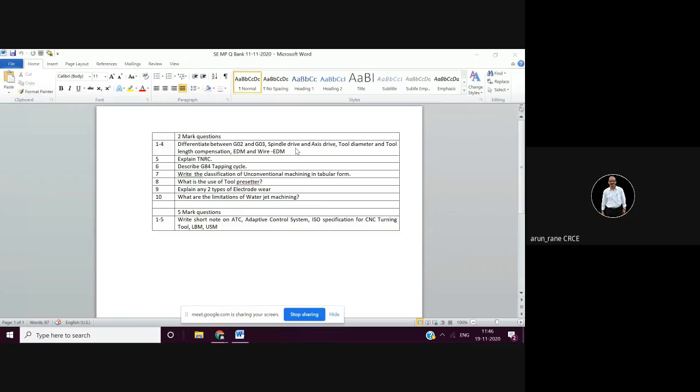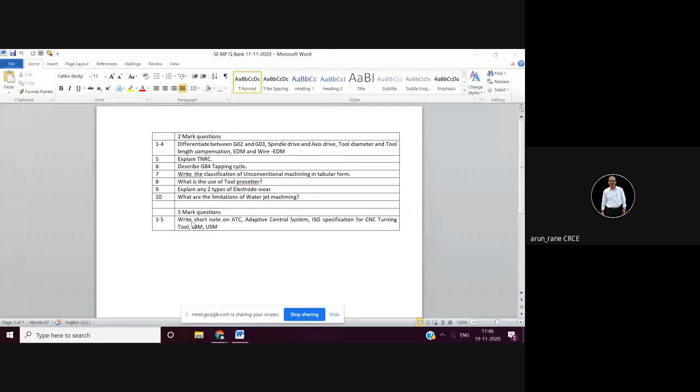Question two will be 5 mark questions, again total 10 marks. That means in question one, you have to attempt 5 questions, and in question two, 2 questions. So 10 plus 10, 20. And your final score will be the average of unit test 1 marks and unit test 2 marks. That you have to remember.